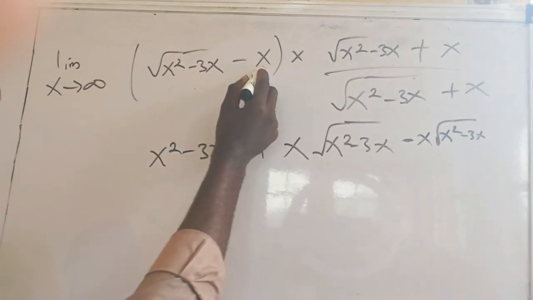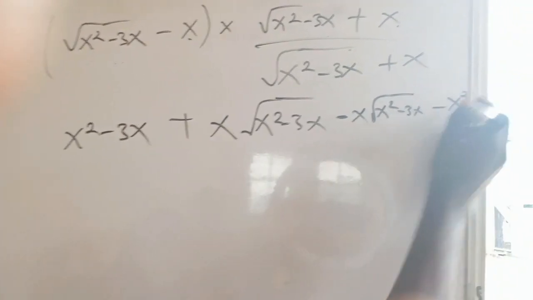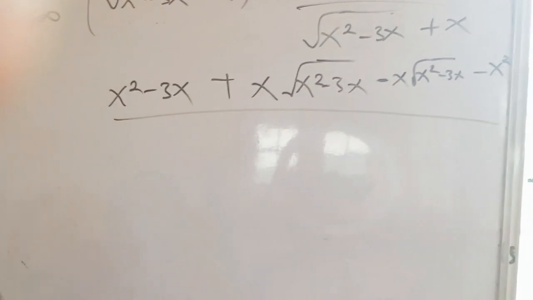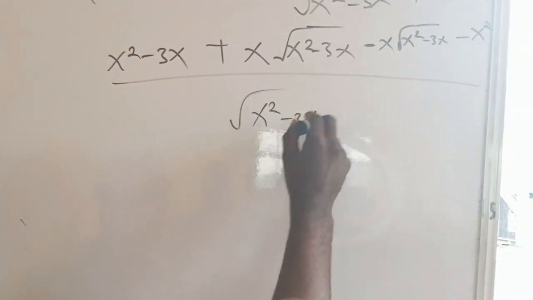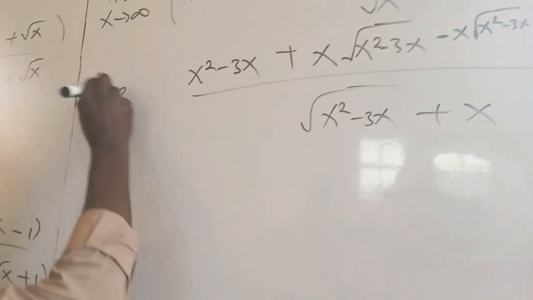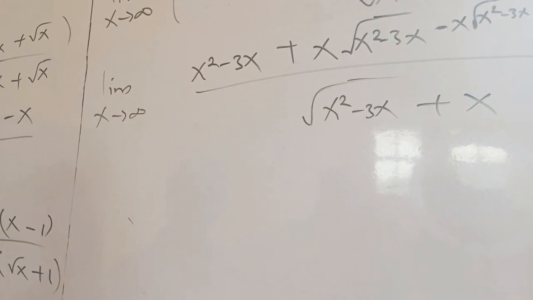And minus x times x is minus x squared. Okay, divide through by root of x squared minus 3x plus x, and our limit still remains that x approaches infinity.